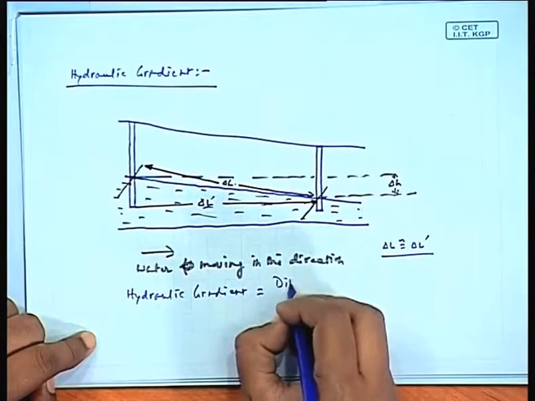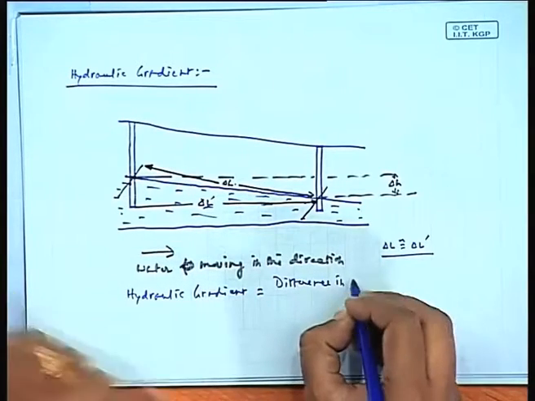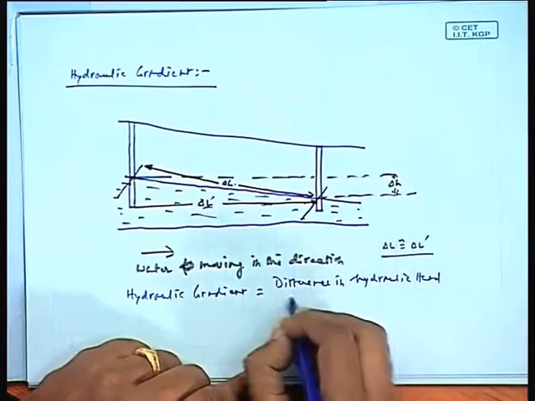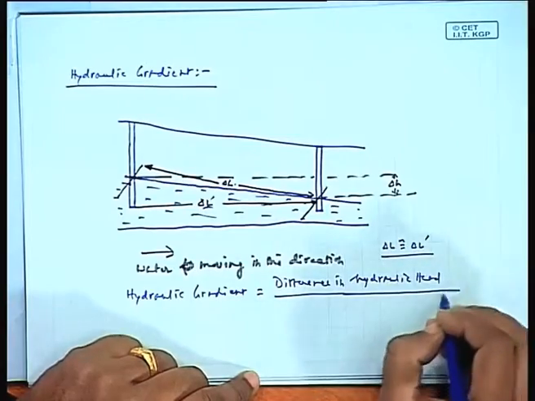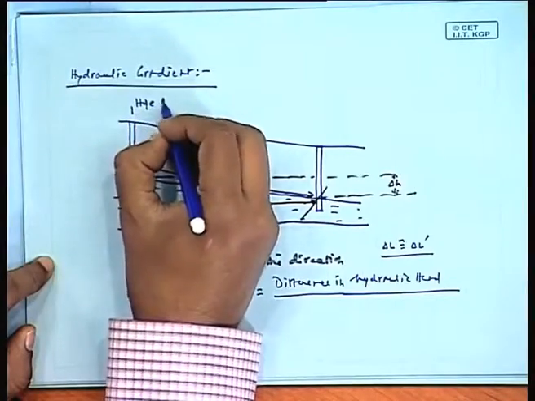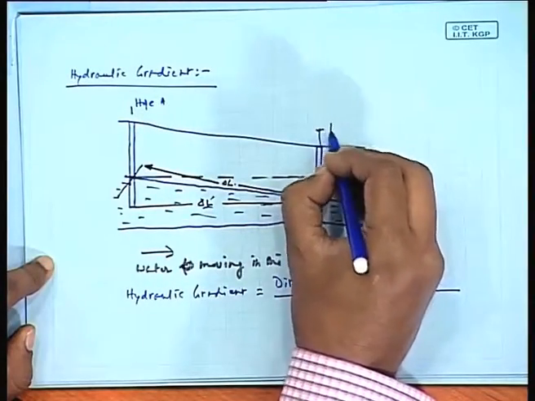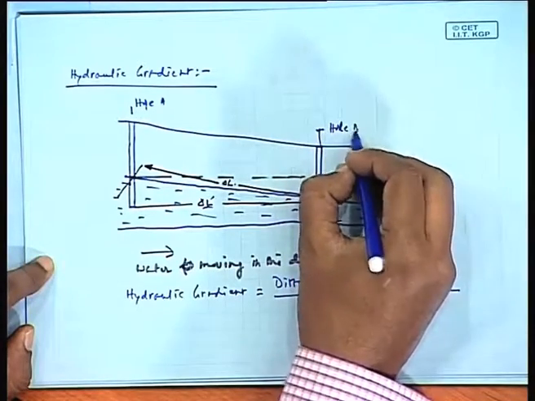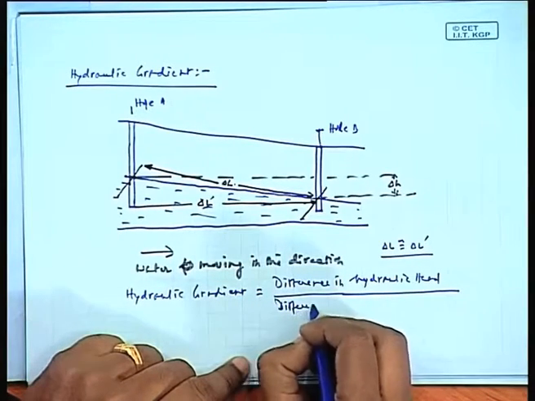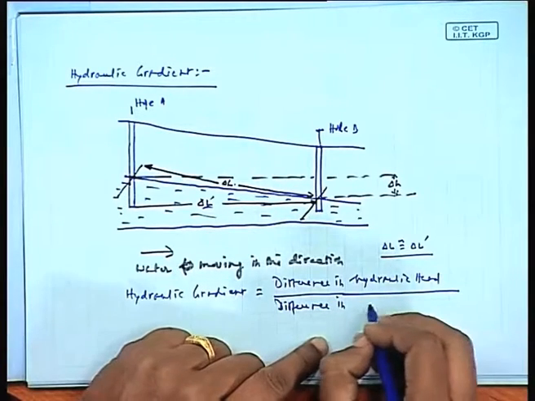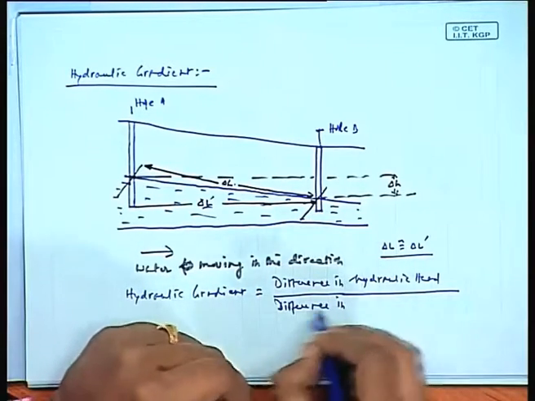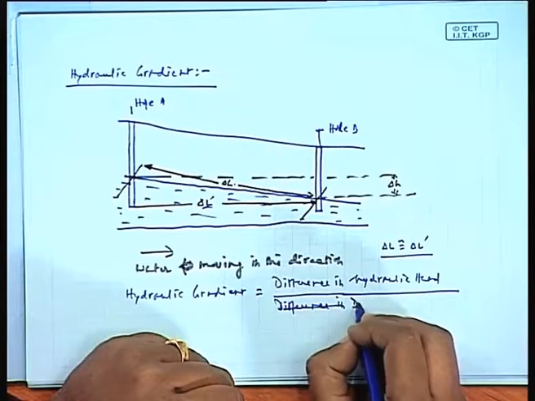is the difference in hydraulic head, say between hole A and hole B, divided by the distance between them.